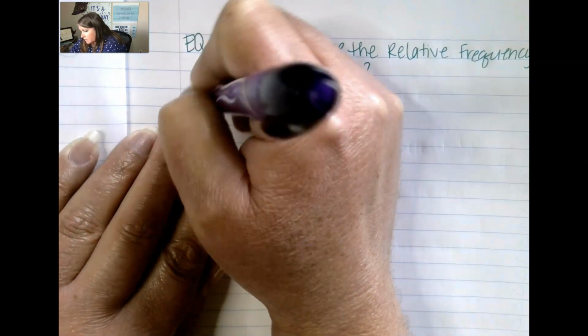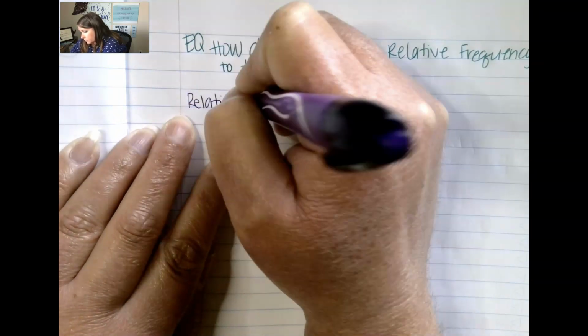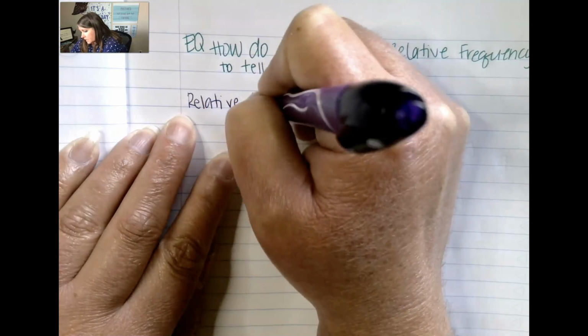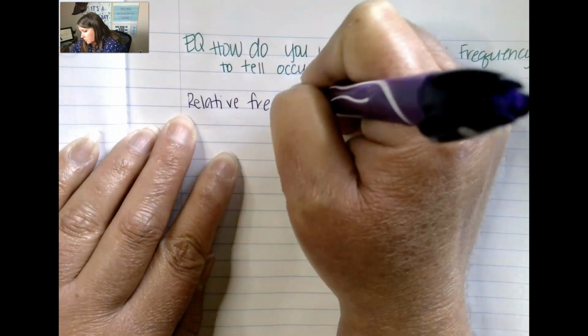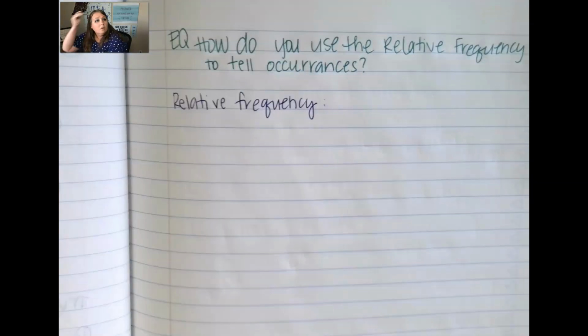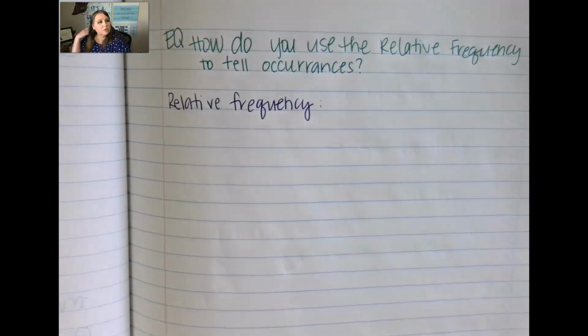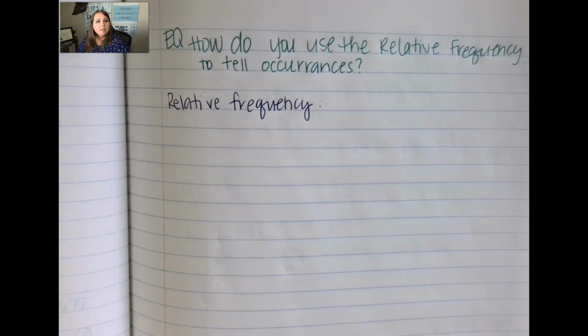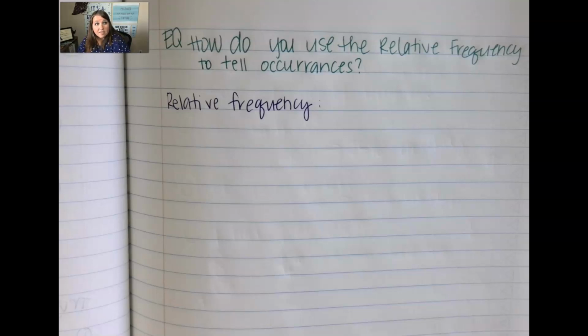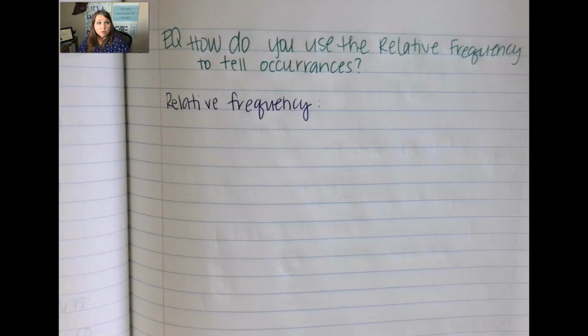Well, relative frequency is used when you conduct an experiment. It measures probability and it's the fraction or percent of time that an event is going to occur.